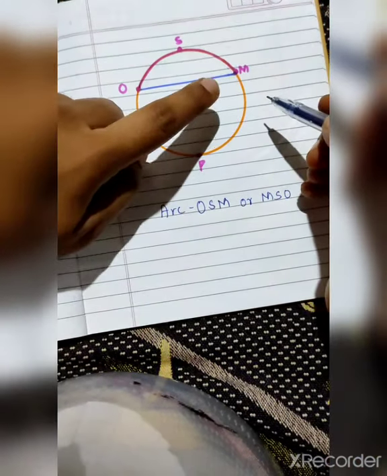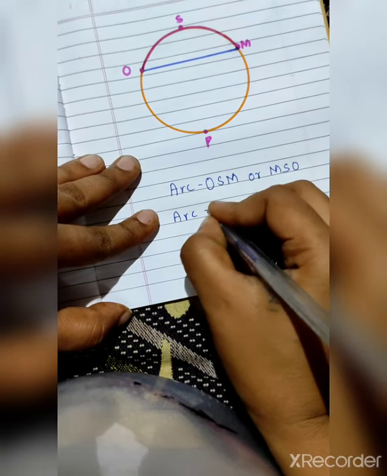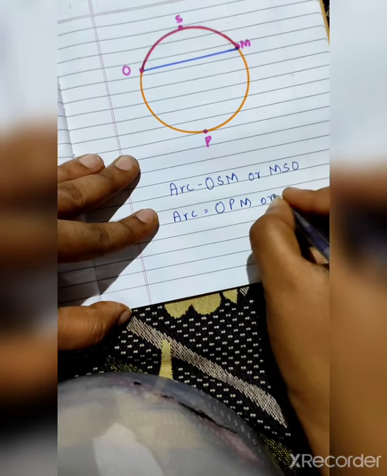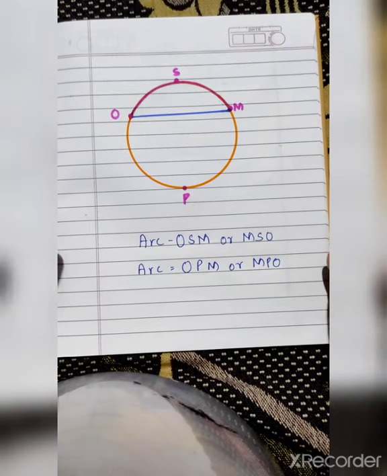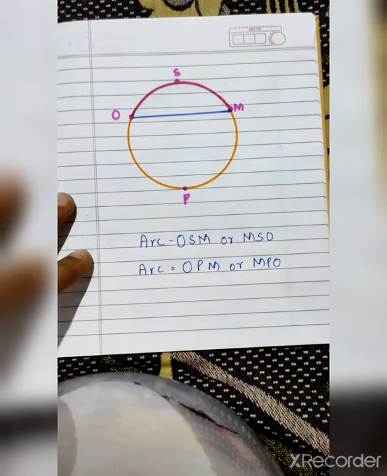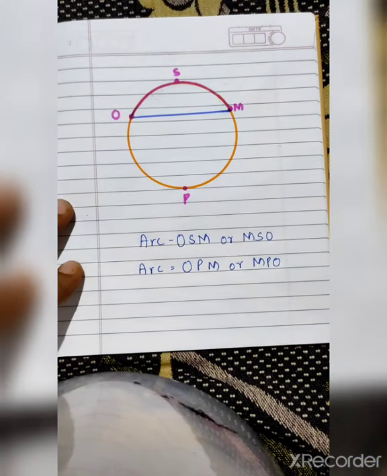If I have to name this other part of the arc, I can write arc OPM or MPO. So this is the way you can divide the circle into two parts, and this divided part is called the arc of the circle.